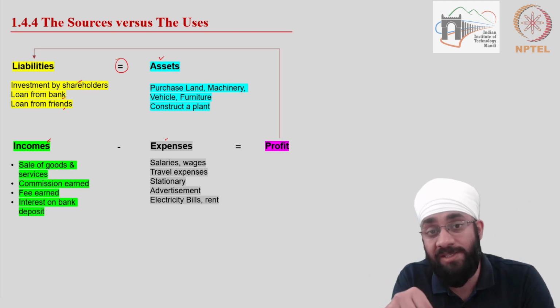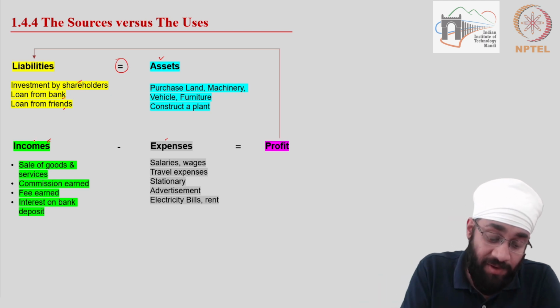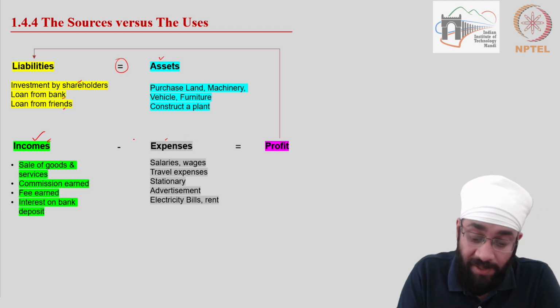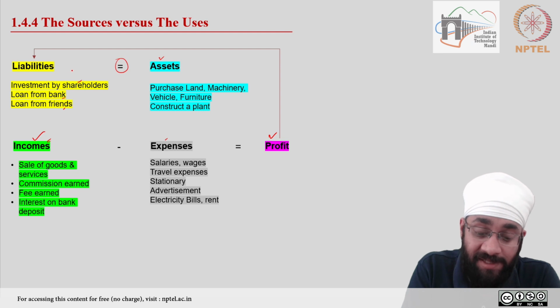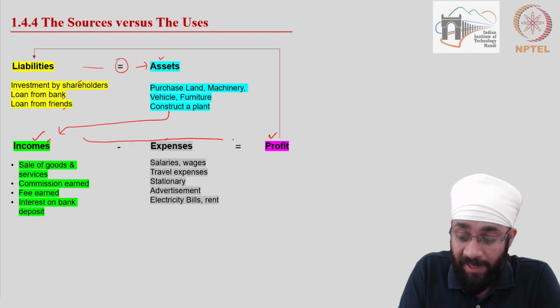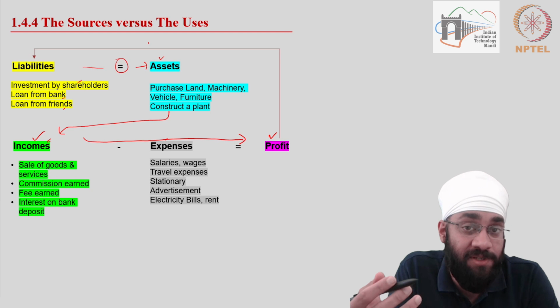If you can buy more assets, you have more capacity. If you have more capacity, you can make more money. When you have more money, you make more profit. More profit means more liabilities, and then you can generate more capacity, and then you can have more income, and then more profit, and so on. This is how you grow a business.